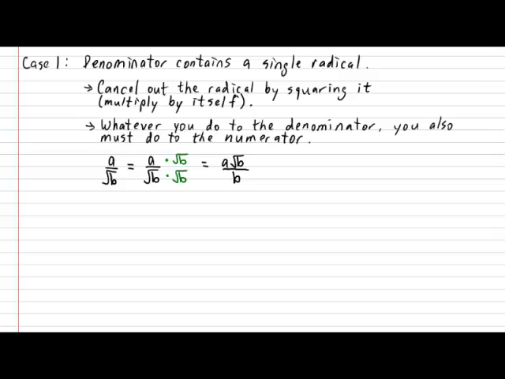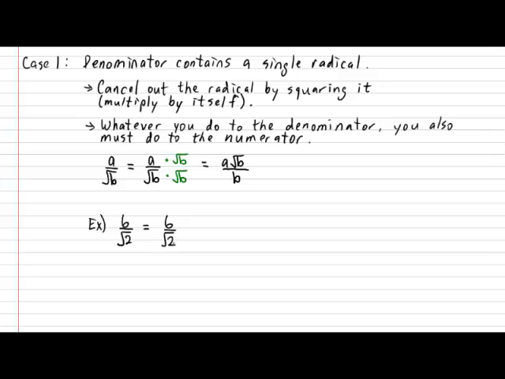Let's take a look at some more concrete examples. So, I'd like to get the following down. Suppose I ask you to rationalize the denominator of the following: 6 over root 2. As you can see, root 2 is an irrational number. So let's get rid of the root 2. So we have 6 over root 2.